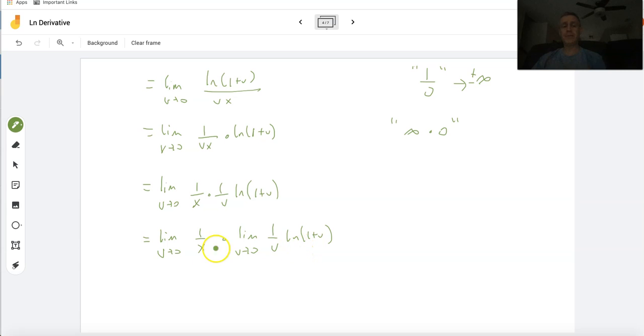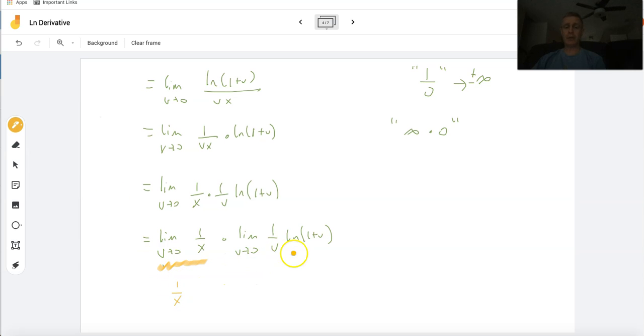The limit of this first expression, because there is no v in here, is just going to stay put as v approaches 0. And so this limit should just be equal to 1 over x.